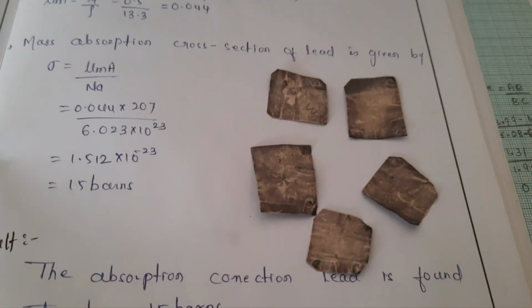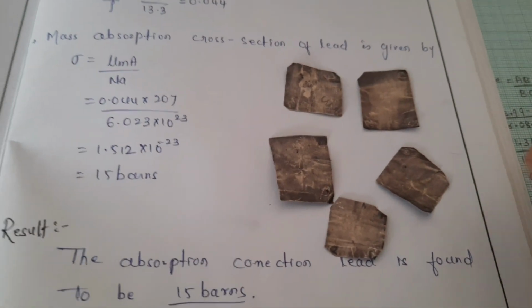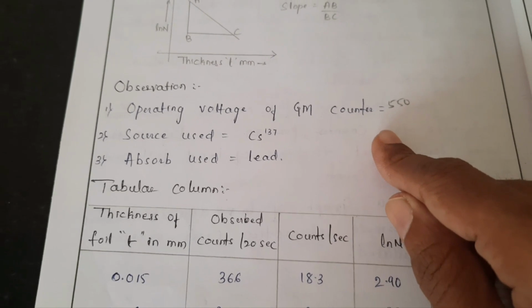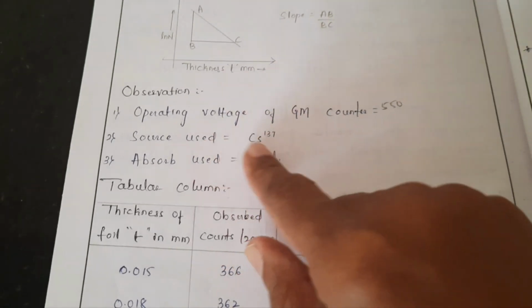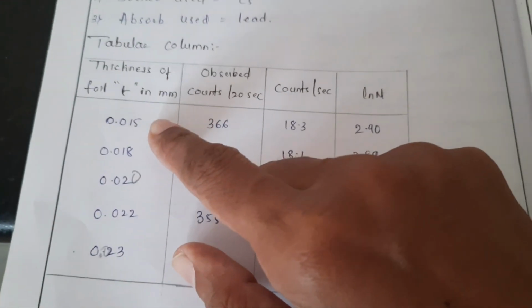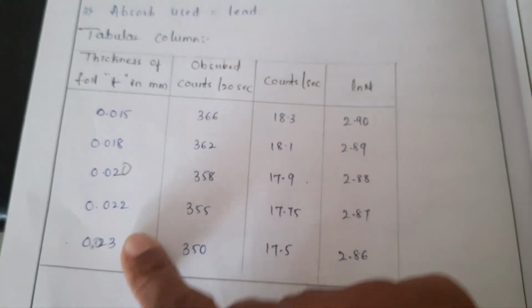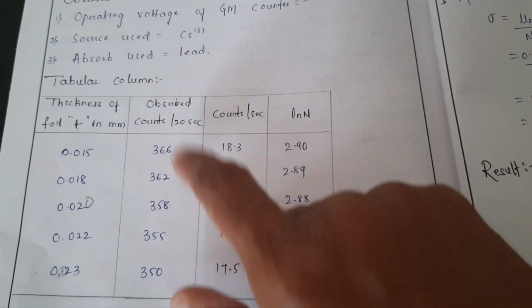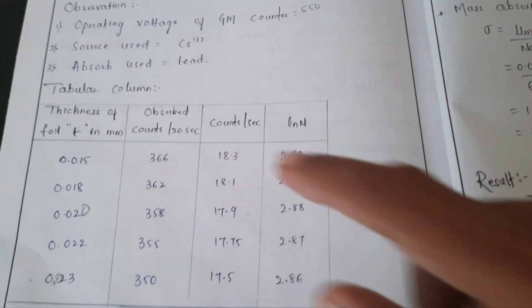We have selected 5 different thicknesses. Before that, you should note down the observations: operating voltage 550, source used is cesium, absorber used is lead of different thicknesses, the 5 absorbers. First write down the tabular column, then note down the counts for 20 seconds.